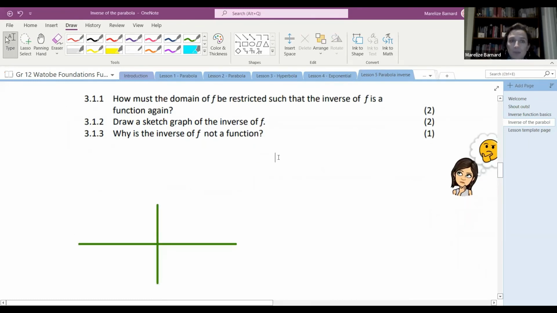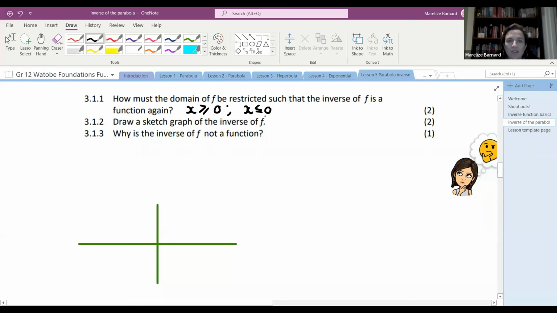How must the domain be restricted? The domain can be restricted by either doing x greater than 0 or x smaller than or equal to 0. Okay, it can equal 0, guys. There's nothing wrong with the 0. 0 is a valid input for a parabola.